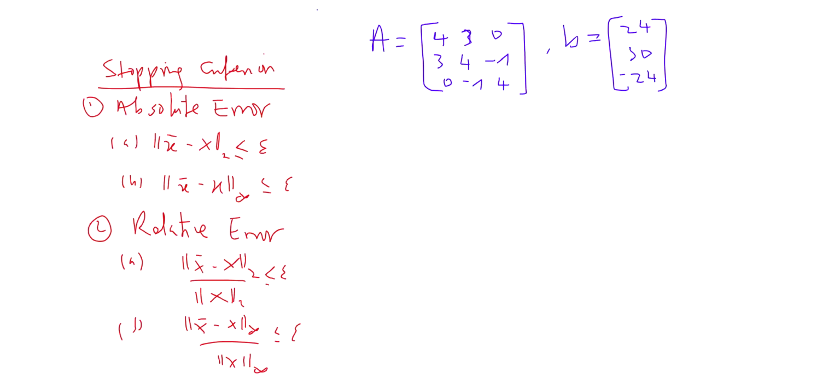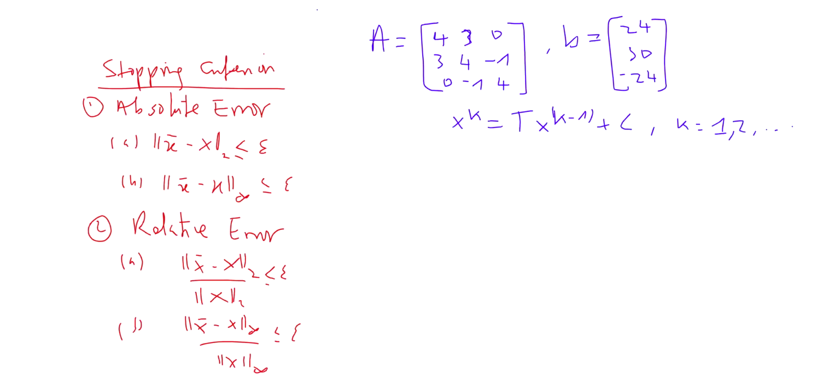Because we are solving x^k equal to T x^(k-1) plus c, where k goes from 1, 2, and so on. When do we stop? It's really an important question, and this is what brings us to the stopping criteria.